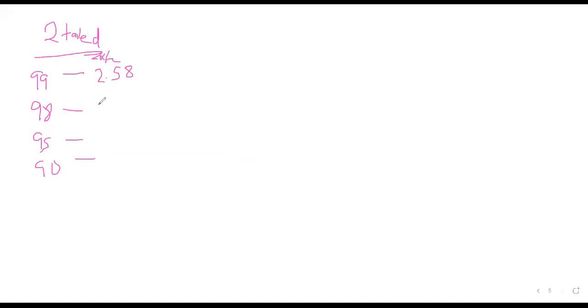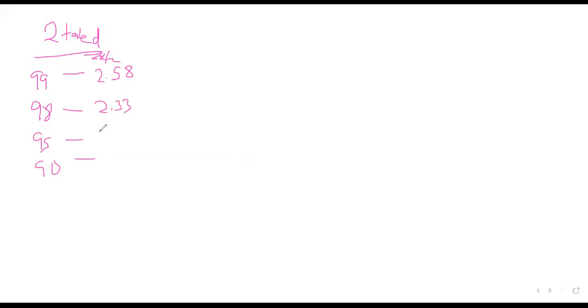To also understand what we call a two-tailed test. A two-tailed test is what we've just done. Let's go through together: 99, 98, 95, and 90. What is our Z for a two-tailed test? Here it is 2.58. And here? 2.33.